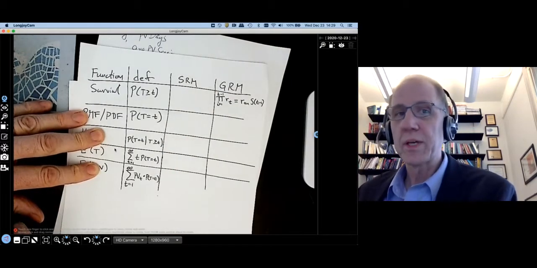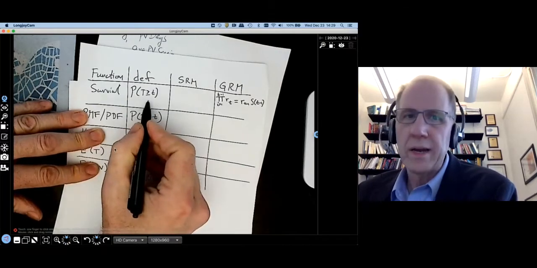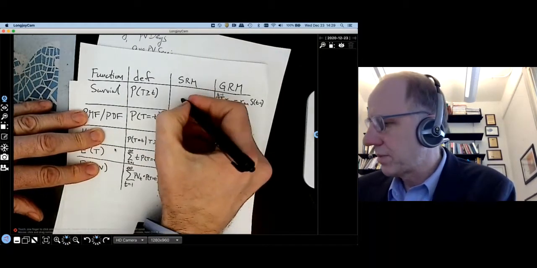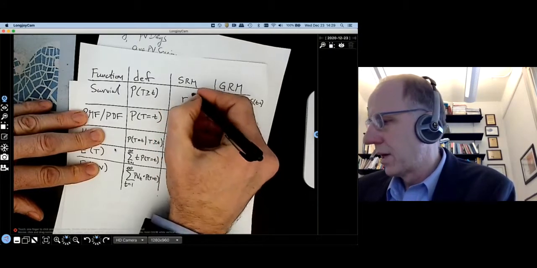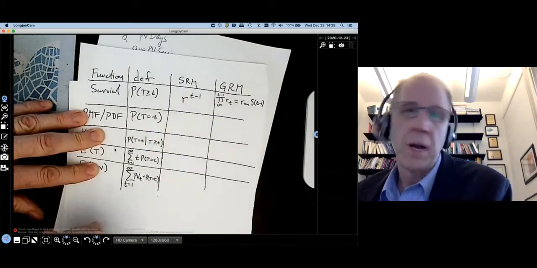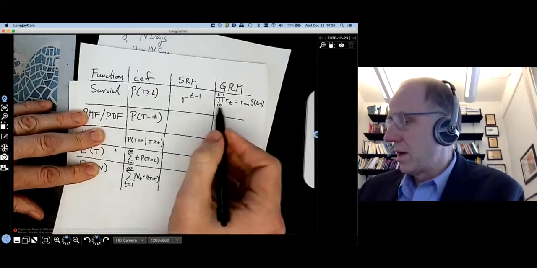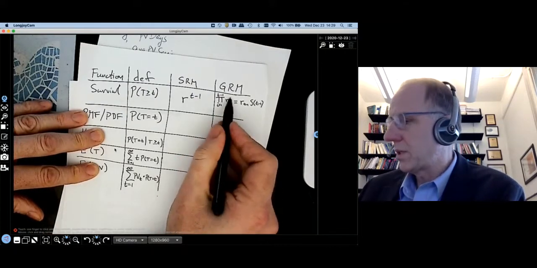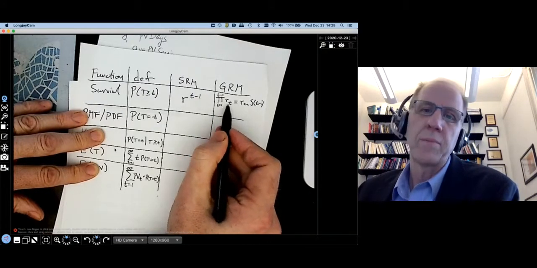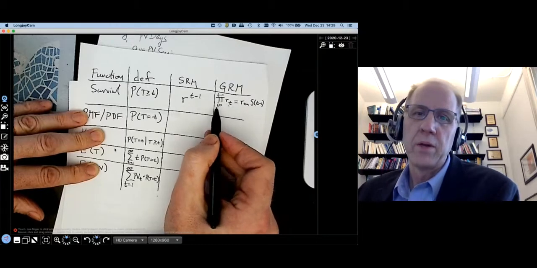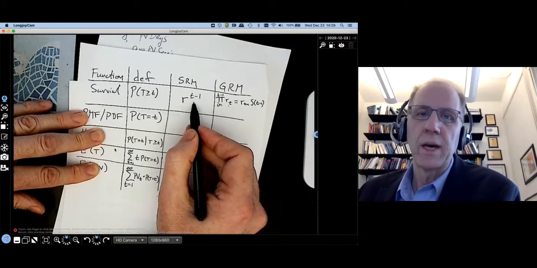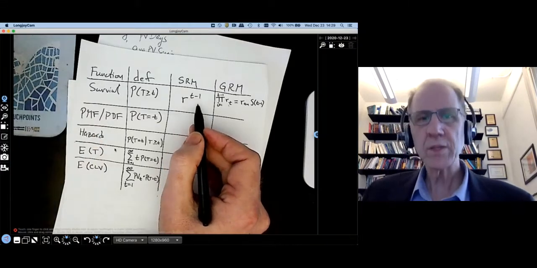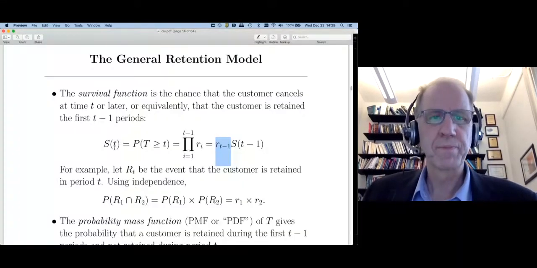Now for the simple retention model, we didn't really write it out, but this is extremely easy to get at. This is just going to be R to the t minus 1 power. And so if all of these R sub t's are equal to the same number R, then notice I've just multiplied R by itself t minus 1 times. So that's the survival function.